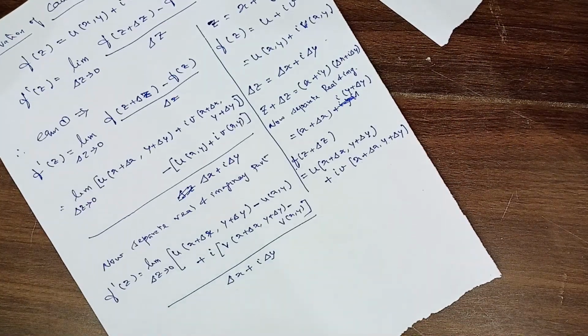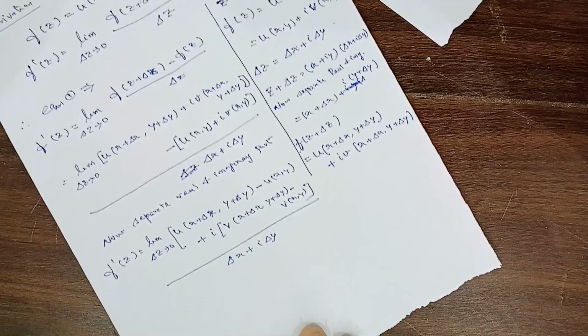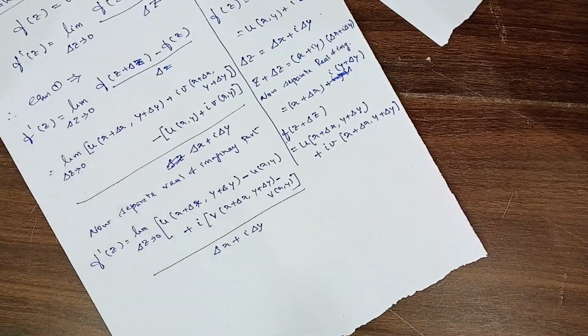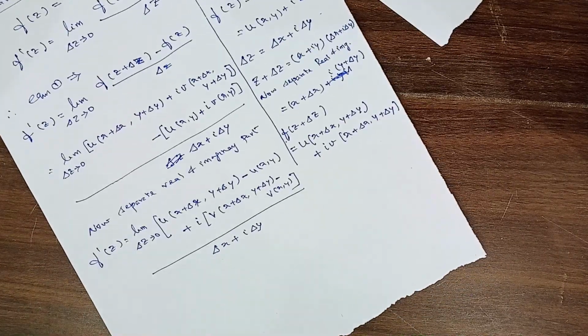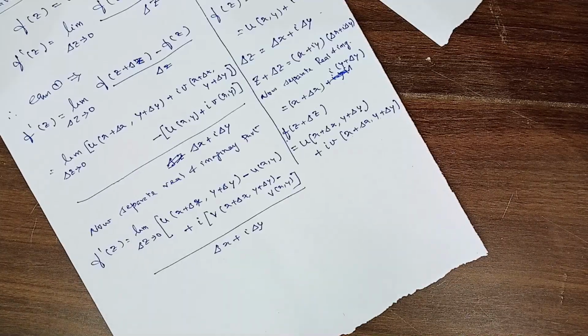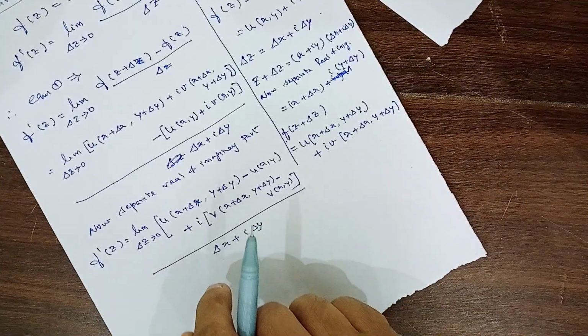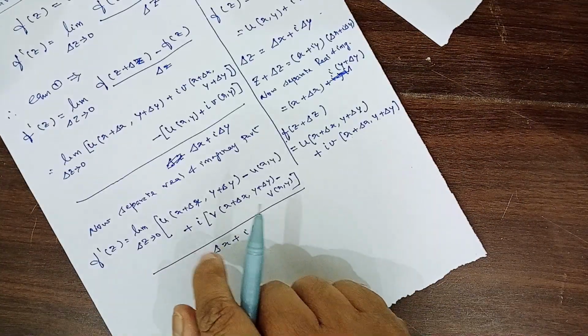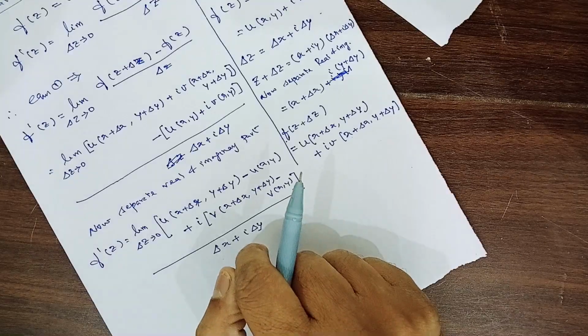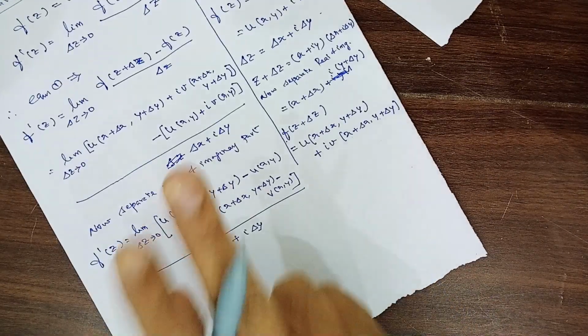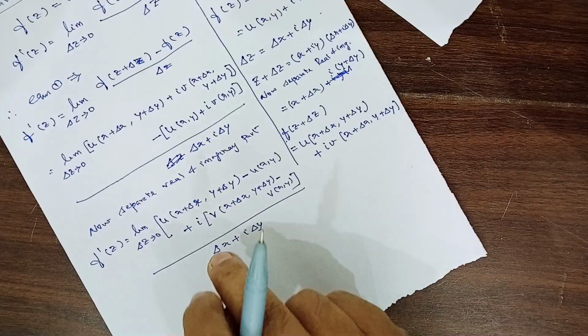Okay. Now two conditions occur. Case 1 is along the x-axis: what is the value of f dash of z. Then another condition is what is the value of f dash of z along the y-axis. So two cases we want to derive.